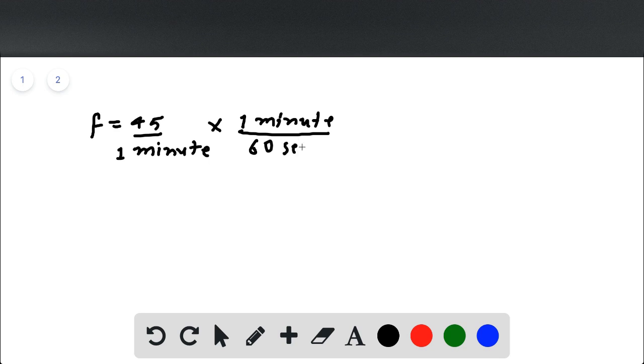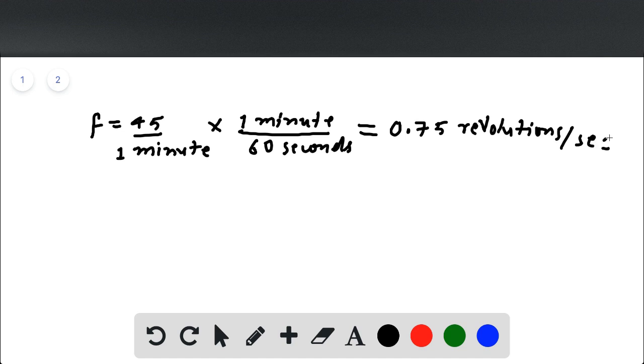If you convert this, you're going to get 0.75 revolutions per second.